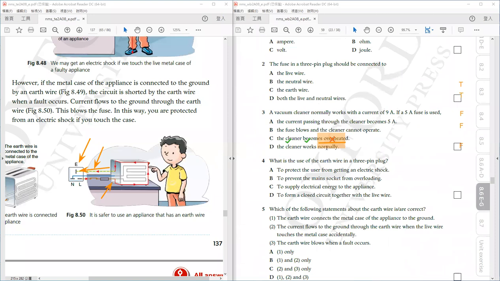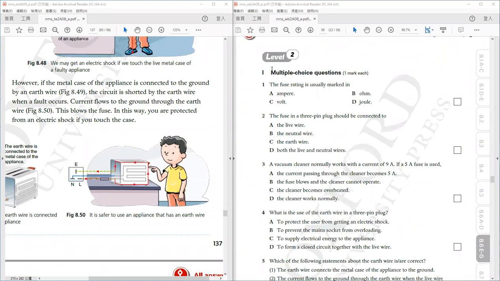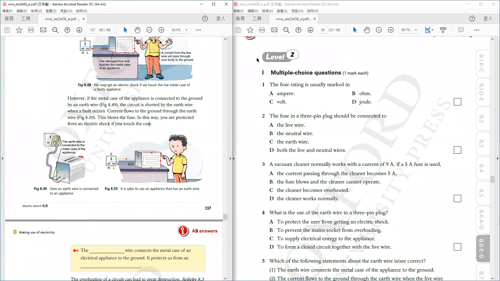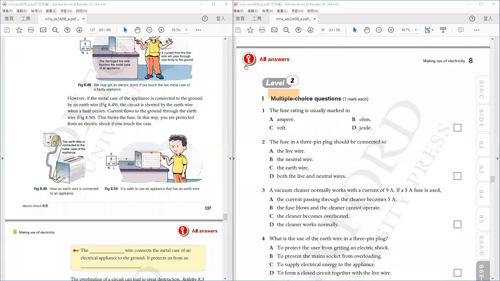So I'll quickly go through the next part. This is level 2. The fuse rating is usually marked in the fuse. They just want to limit the size of your current. Therefore, I'll show you the answer first.